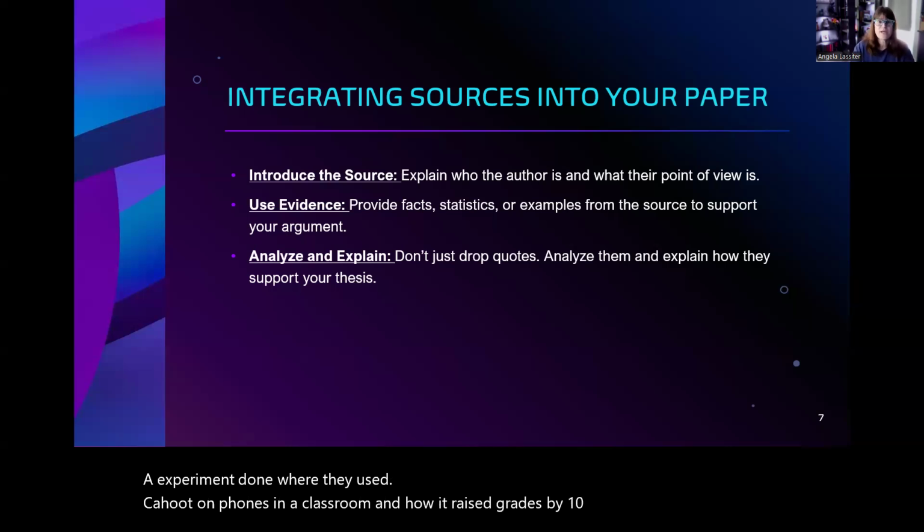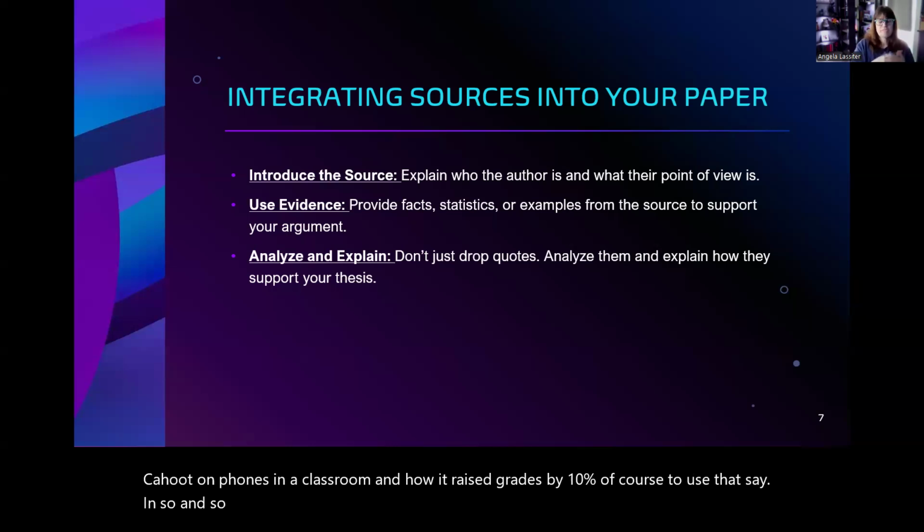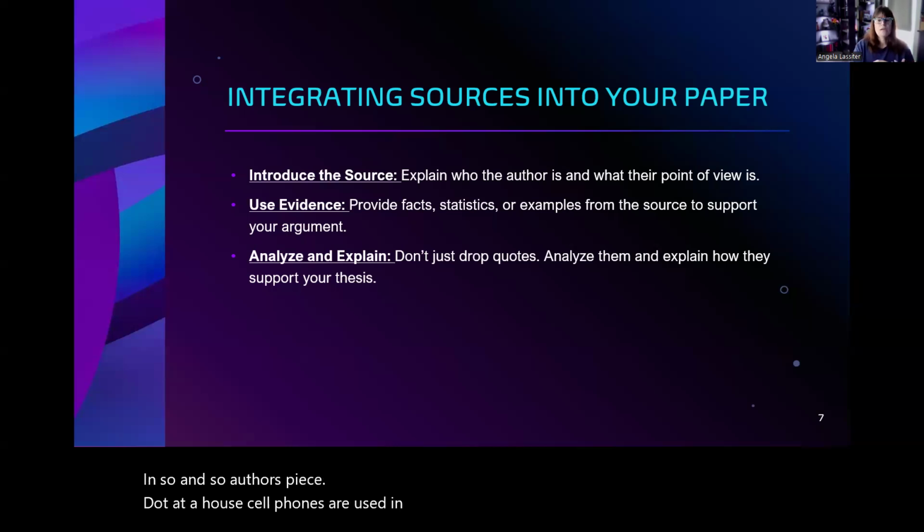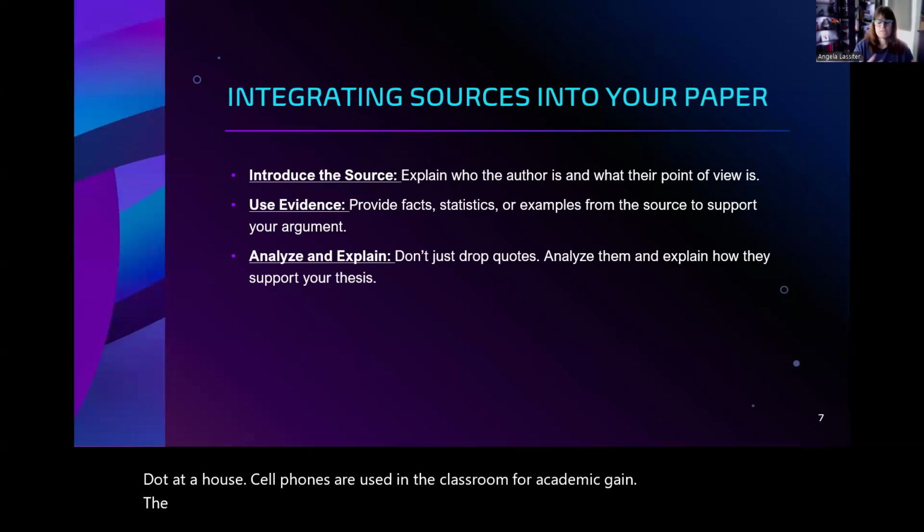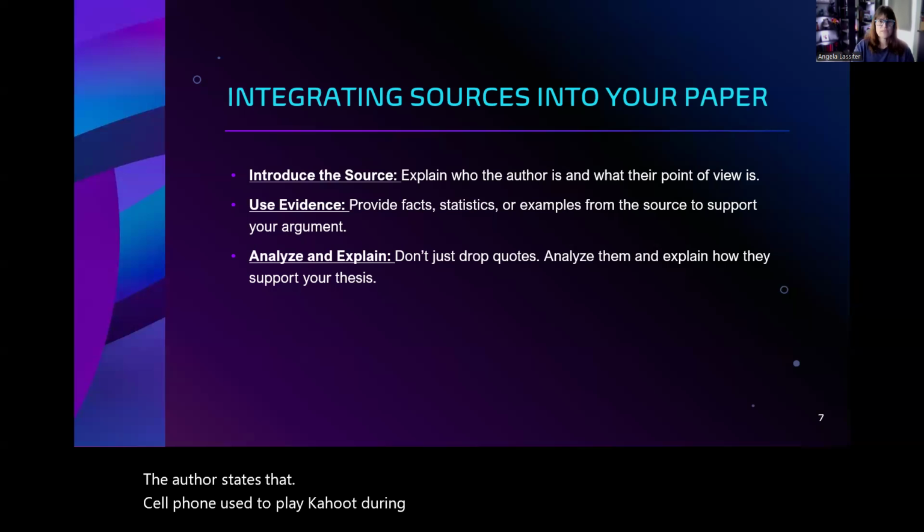Of course, use that. Say in so-and-so author's piece, how cell phones are used in the classroom for academic gain. The author states that cell phone use to play Kahoot during class rose grades 10%. Then go on to explain that.